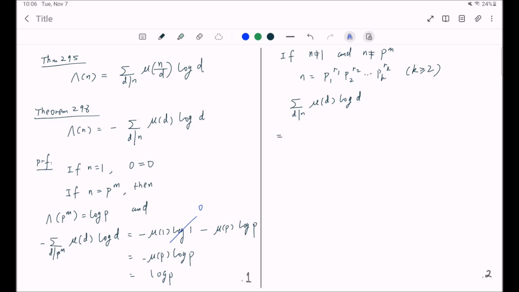And the trick here is that we are only going to count those non-zero terms in this sum. Since there are a lot of possibilities, we're going to only focus on the following case. First, we only consider the non-zero terms.